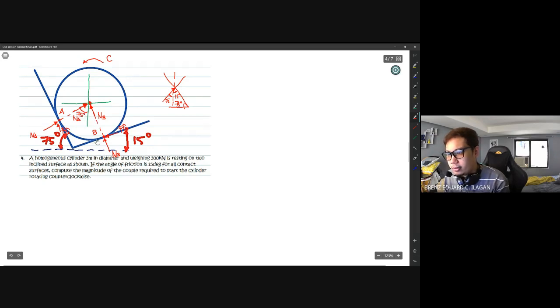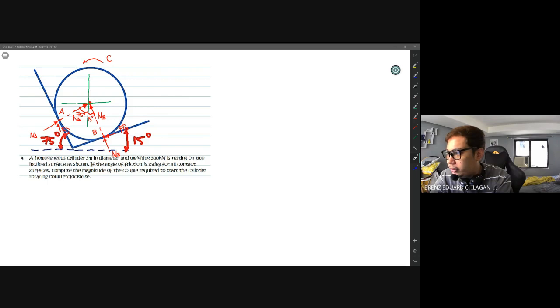And then ito yung magiging 15. Okay? So I hope we're clear on that. So ganun din lang siguro yung gawin nyo kung nalilito. I-drawing nyo ng panibago, kasi dito medyo nag-o-overlap na. Nakakaduling talaga.